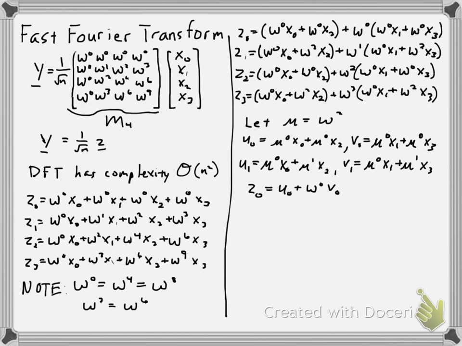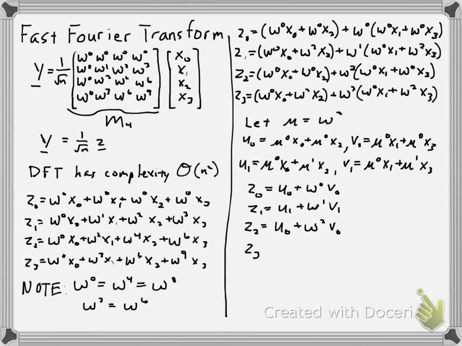Of course, omega to the 0 is just 1. z sub 1 is equal to u sub 1 plus omega to the 0 v1, and z sub 2 equals u sub 0 plus omega squared v sub 0. And so let me catch a mistake here. The exponent in z1 of omega here is a 1.